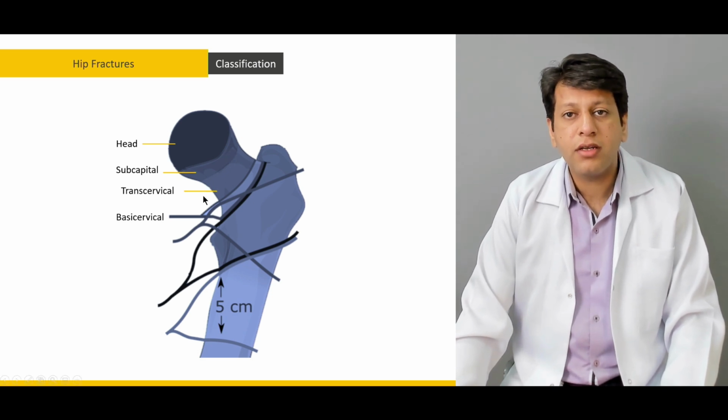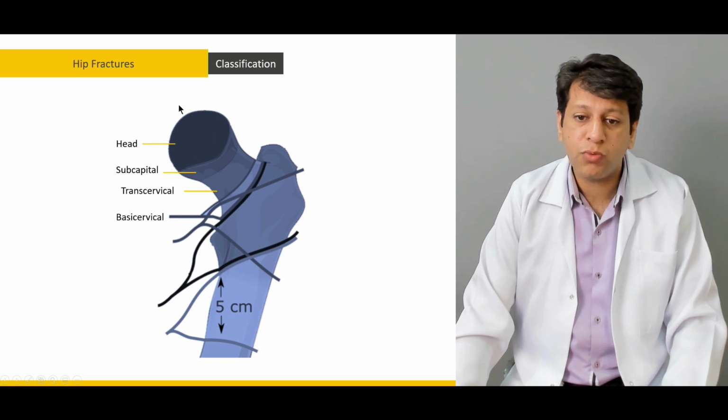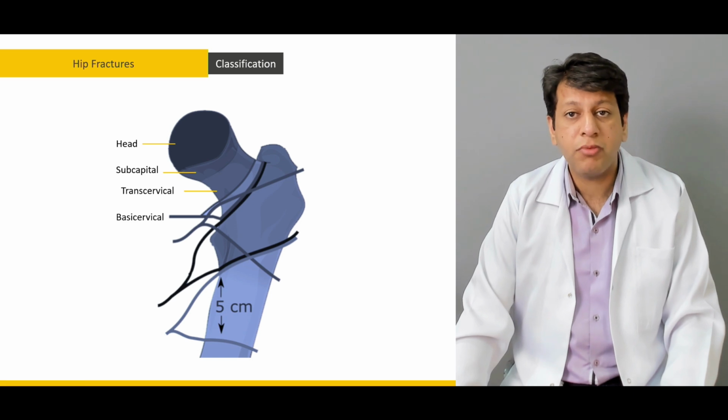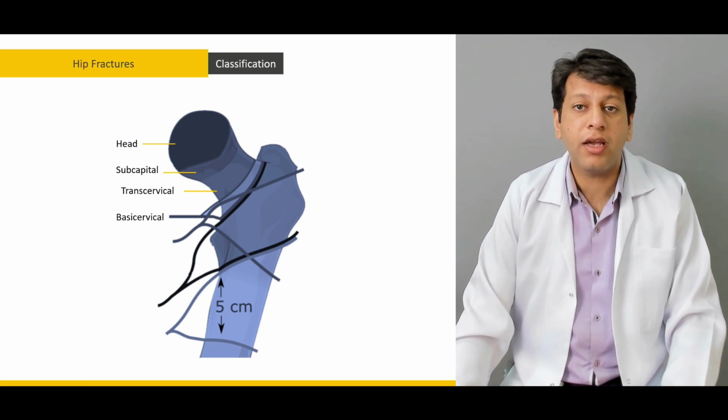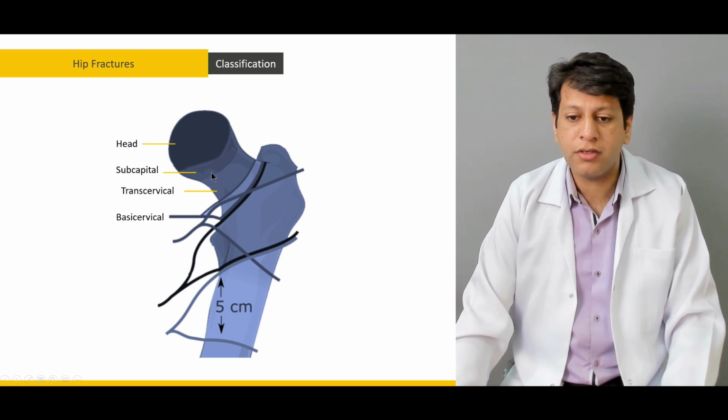And the reason it's not classified anatomically is because we need to assess whether avascular necrosis of the head is going to occur or not, because that is the most important thing. You need to save the hip joint, otherwise you may need a very large surgery like total hip replacement to replace this femoral head for normal hip articulation.